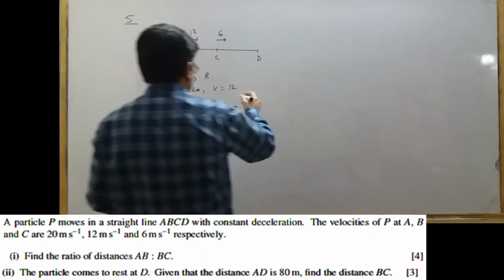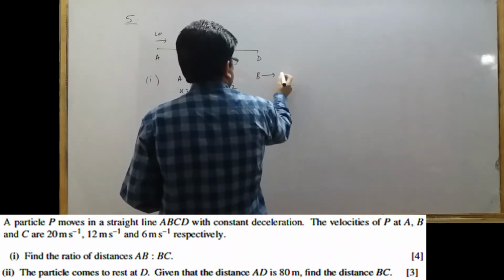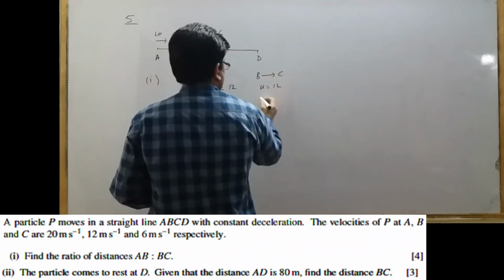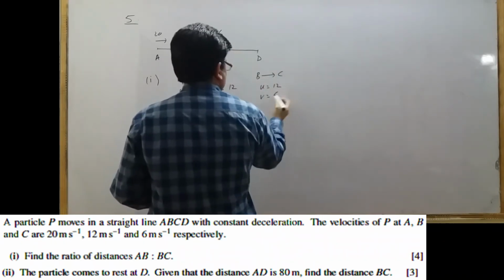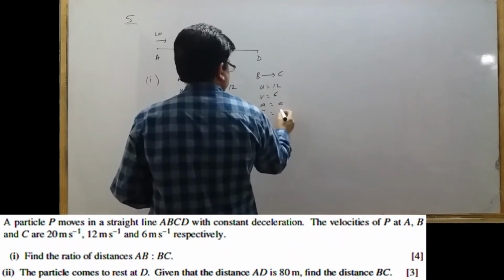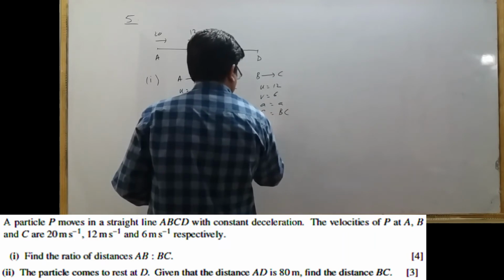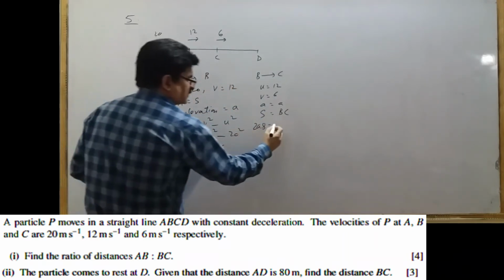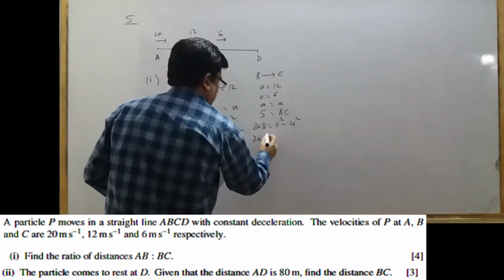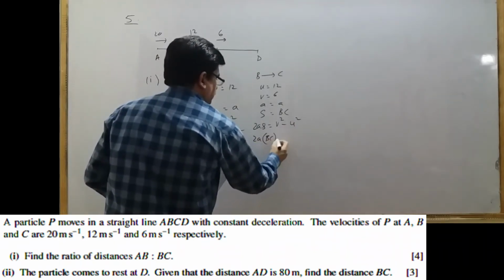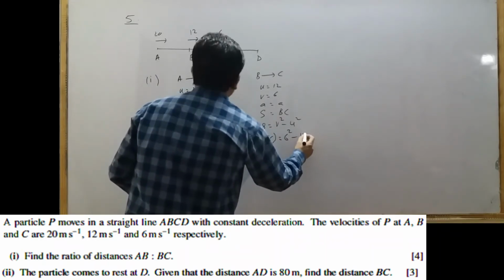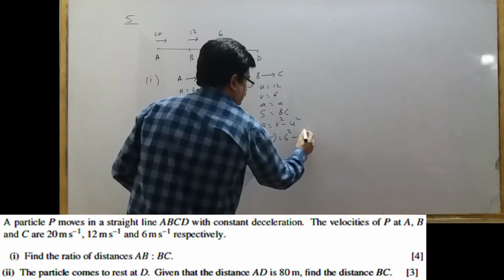Similarly, for motion from B to C, you have again the same formula. Initial velocity is given, final is given, acceleration is a unknown, and distance is BC. So applying the same formula, 2as is equal to v square minus u square. We have 2a into s means the distance BC, v means 6, and u is 12 square.